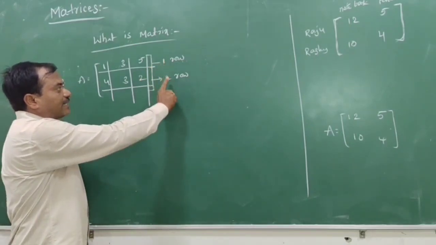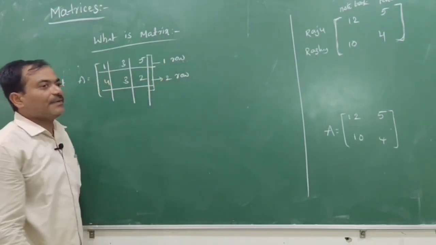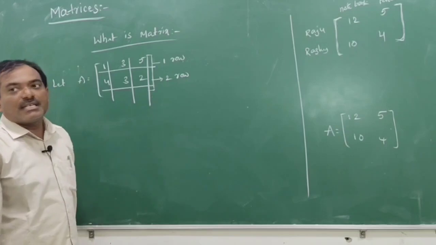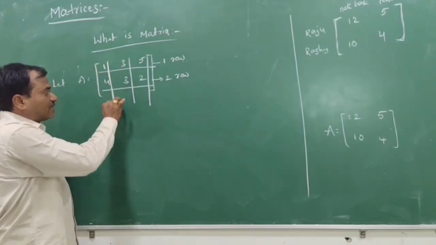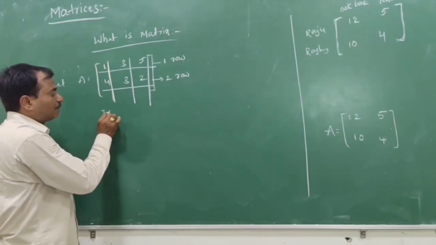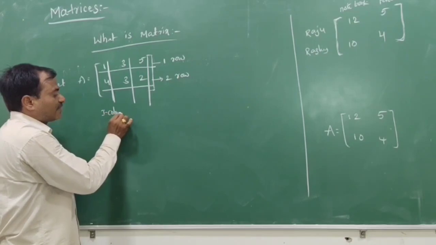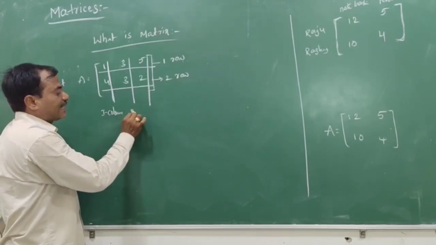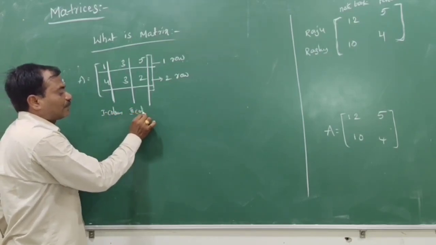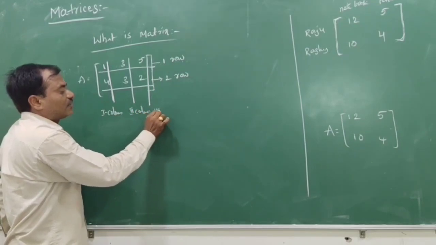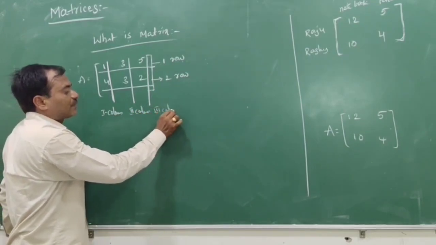Similarly, it contains 3 vertical lines: the first column, the second column, the third column.